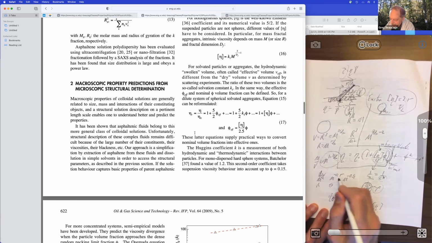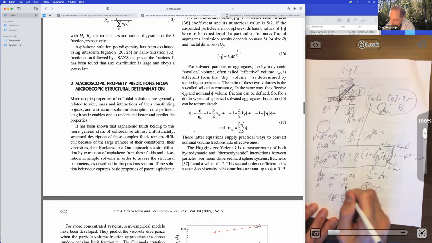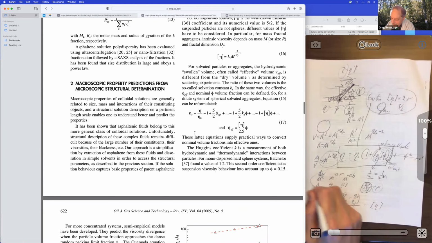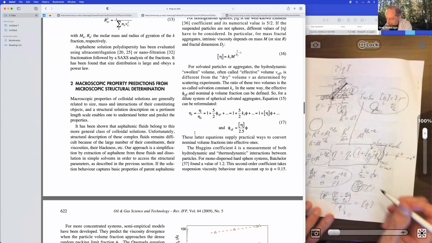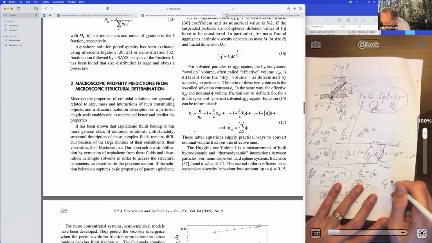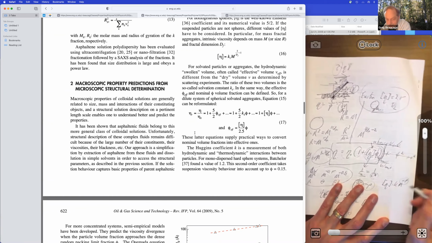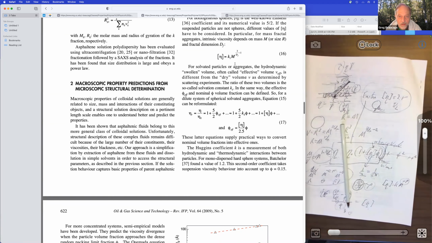For Gaussian, minus 0.5. For good solvent, minus 0.8. You could do other objects if you wanted to, but basically this is how the intrinsic viscosity is going to depend. So that's the Mark-Houwink equation: intrinsic viscosity is some constant times the molecular weight to some power. That's the way this works.